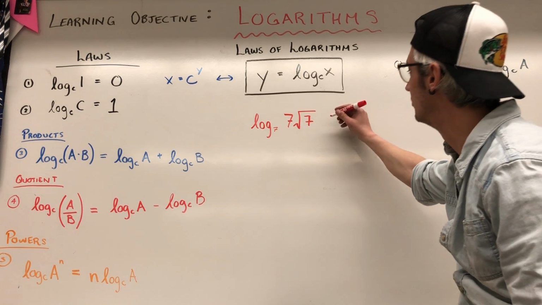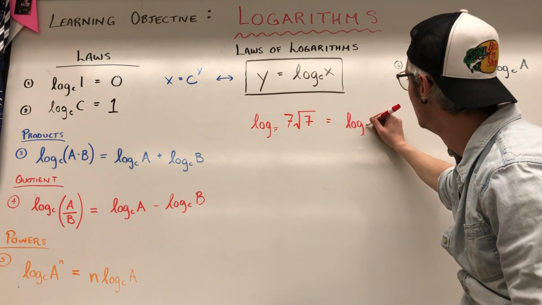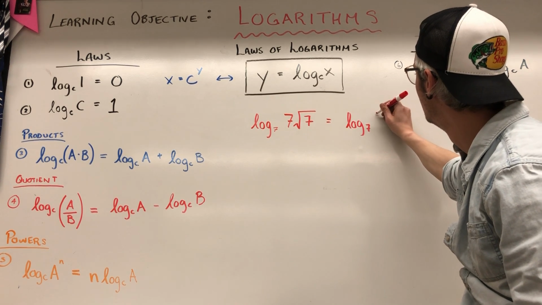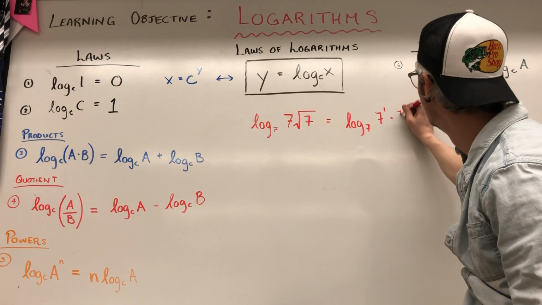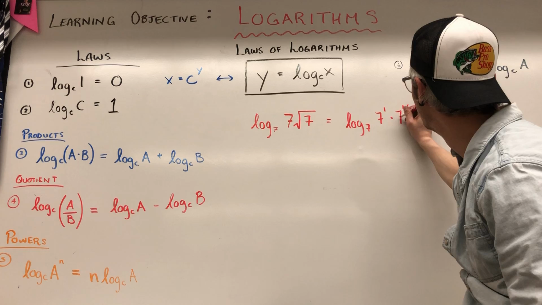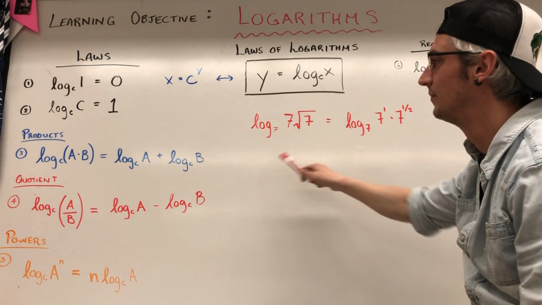So I don't like radicals, so I'm going to go ahead and rewrite this as log base 7 of 7 to the 1 times 7 to the 1/2. Okay, so this is the same thing, I've just written it like that. Now I have a product.